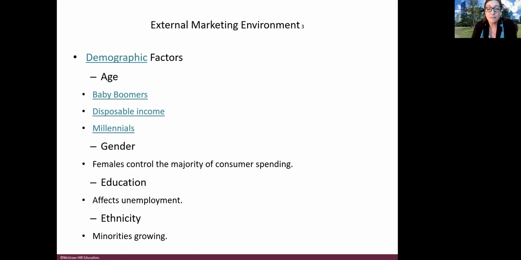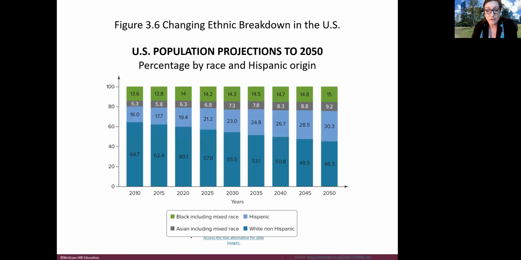And another very important demographic trend that we can recognize in the US especially is the fast-growing minorities in the population. So here we can see the bottom blue band is the white non-Hispanic consumer segment, and from 2010 projected through to 2050, that is dropping.